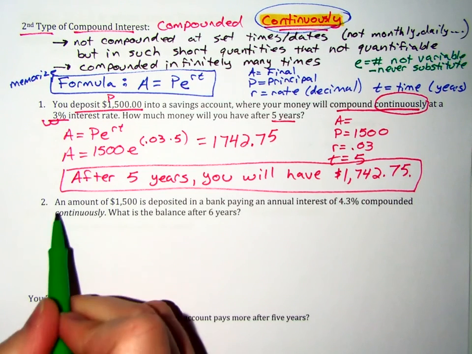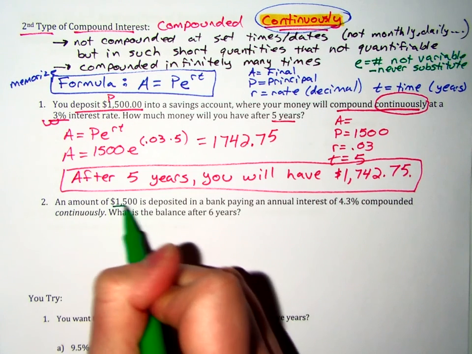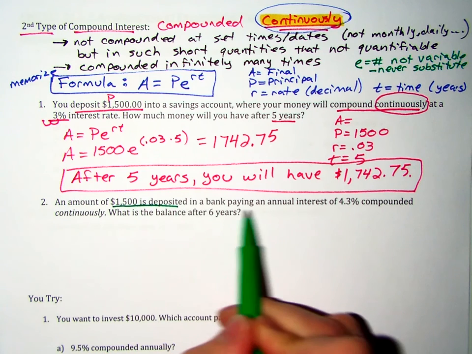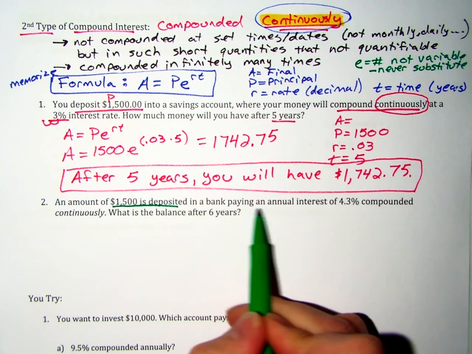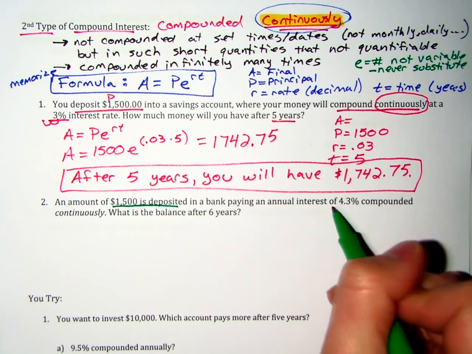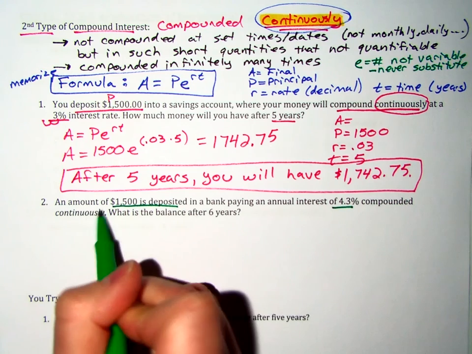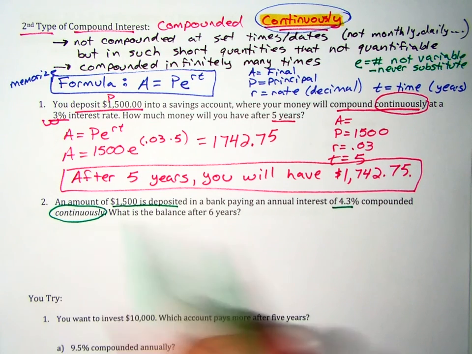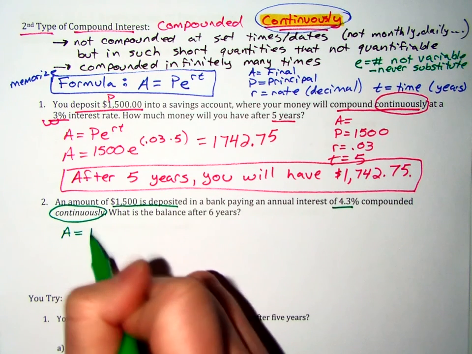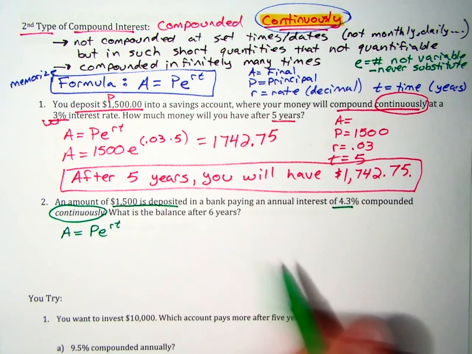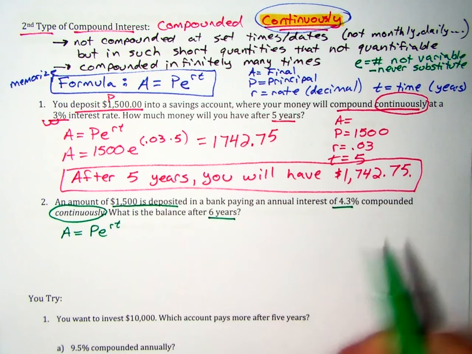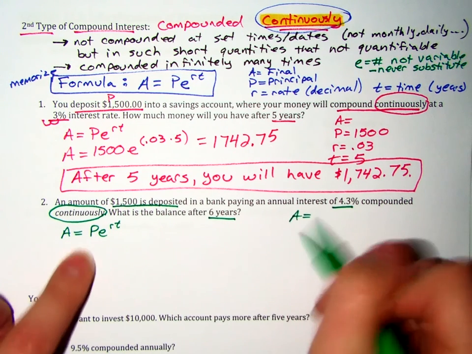All right, number 2: an amount of $1,500 is deposited in a bank account, paying an annual interest of 4.3%, compounded continuously. So again, I see that continuously, and I go straight to A equals P e to the rt. Find the balance after 6 years. So what's my A? What's my P?